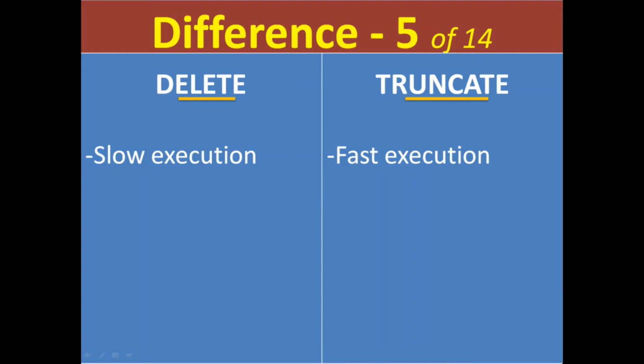Truncate has a fast execution. Truncate table also deletes all the rows in a table, but it won't log the deletion of each row. Instead, it logs the deallocation of data pages in the table, which ultimately makes it faster.